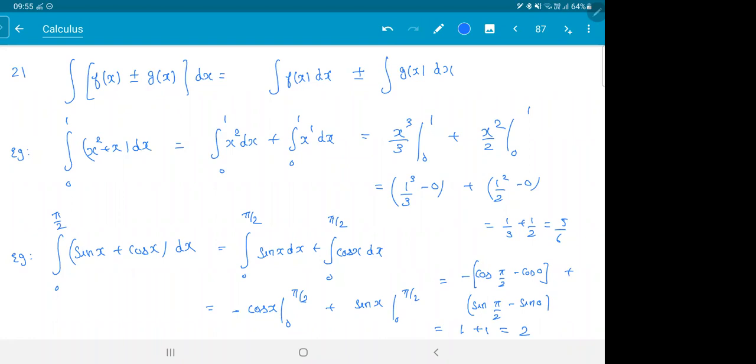Copy. Next one. Now let's see some problems based on this. Turning the page. Any doubt so far?